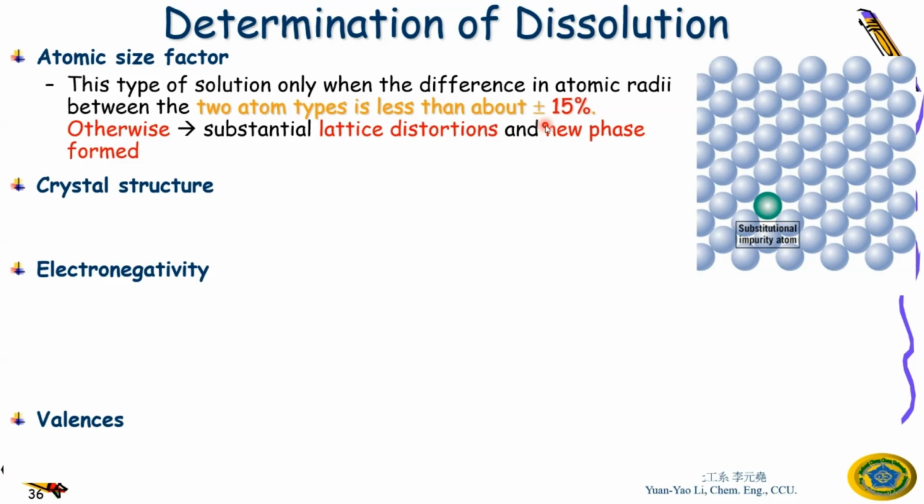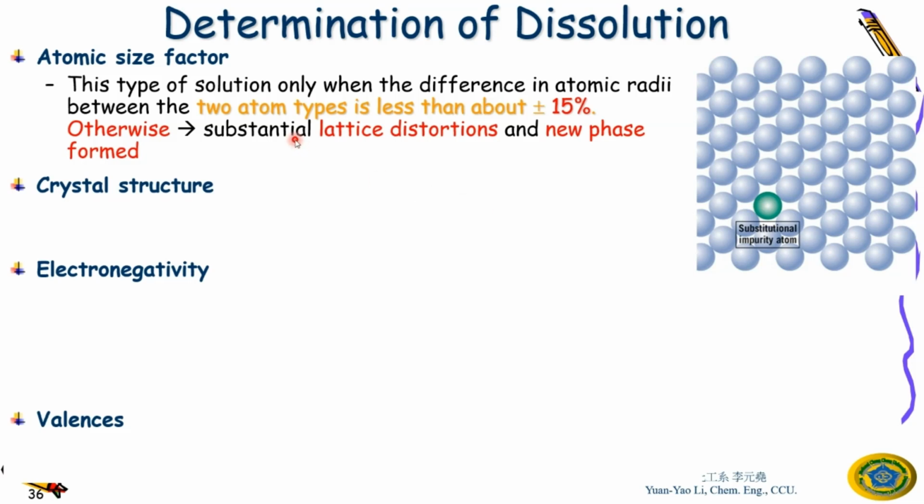You don't add this 15 and minus 15 together. That means the difference in atomic radii between these two atoms will be about plus or minus 15%, either this one bigger or this one smaller.